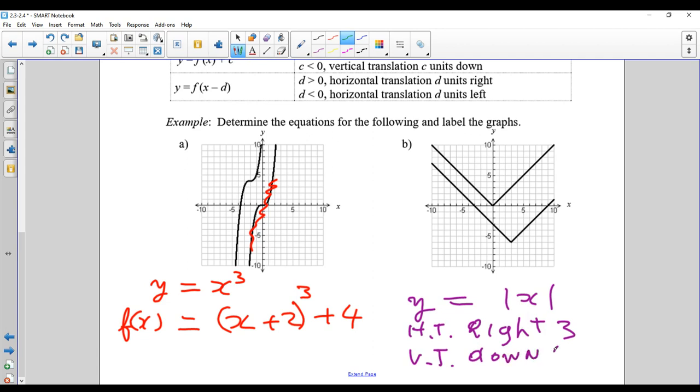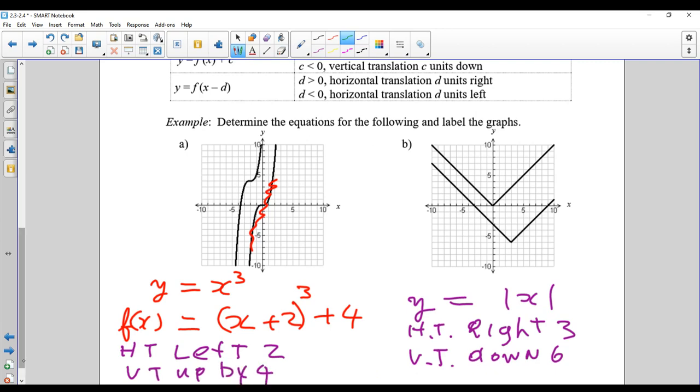By the way, this one here, which we didn't write before, this was an HT left by 2, and this was a VT, hold on folks, a VT up by 4.